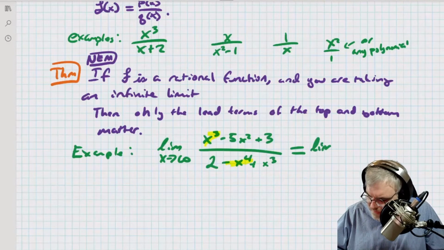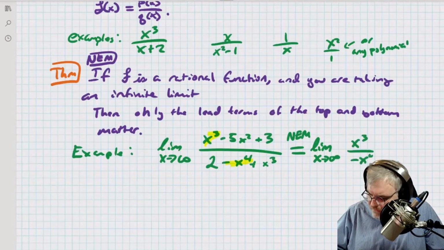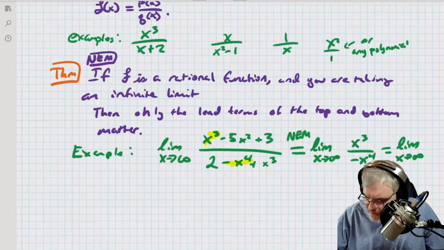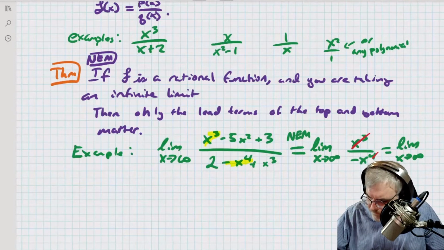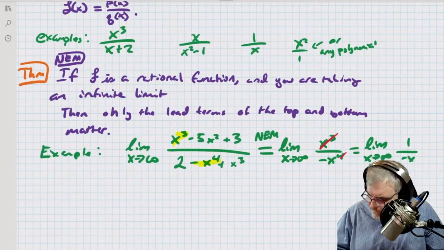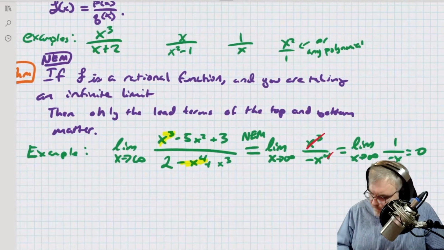This equals the limit, and this is NEM, nothing else matters. The limit as x goes to infinity, these are the two terms with the biggest exponents, x cubed over negative x to the 4th, equals the limit as x goes to infinity. I'm going to do a little cancellation here, and I get 1 over negative x, which equals 0.